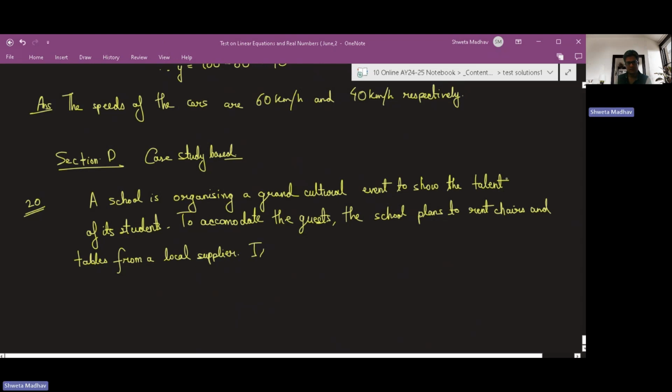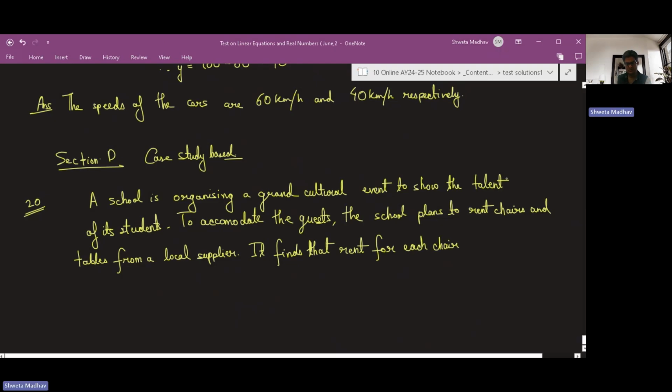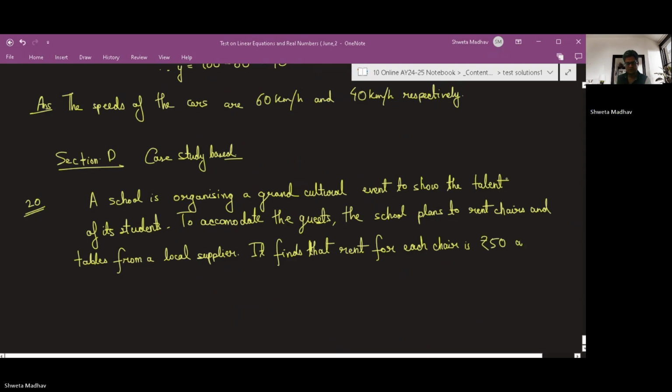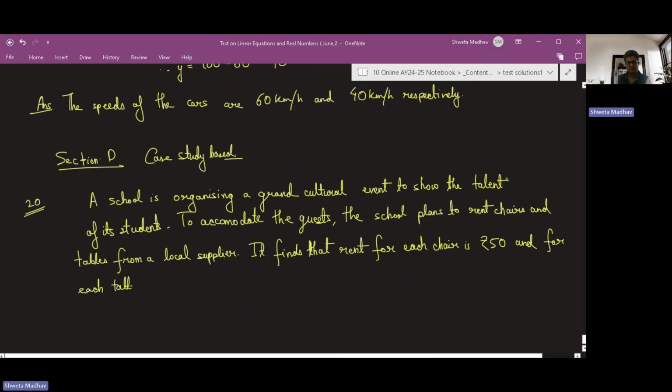It finds that rent for each chair is rupees 50, and for each table is rupees 200.